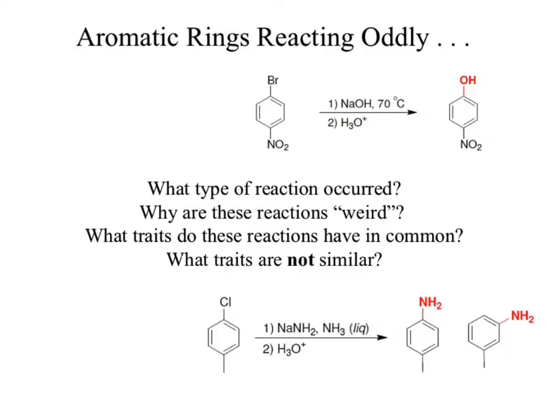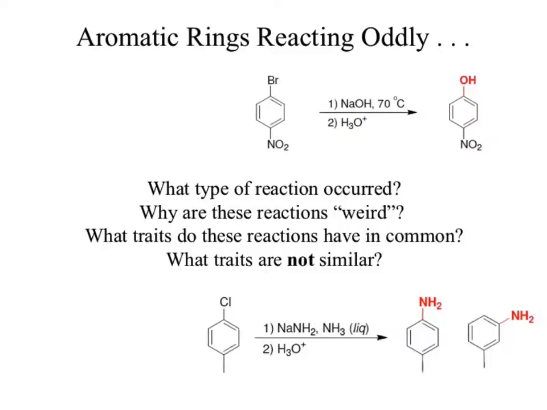So the last little section we got to get through is aromatic rings, in my opinion, reacting oddly. Okay, so let's take a look at that top reaction. What happened? Did a substitution reaction. Okay. Well, we've done substitution with aromatic rings, so that's not a big deal. We did EAS. What did we substitute? Hydrogen.